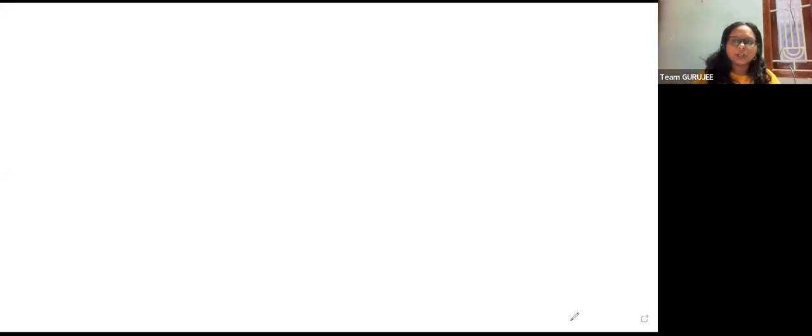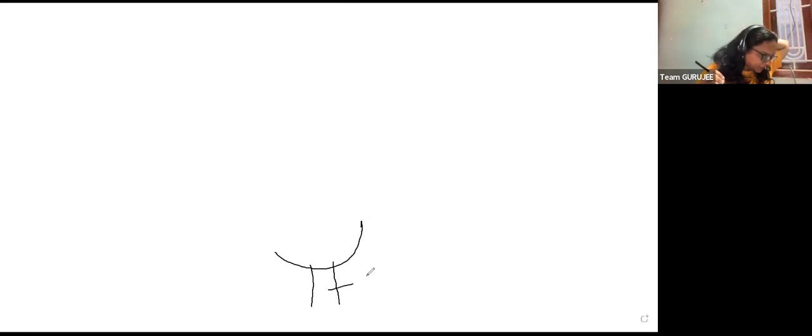At the back you have the spinal cord, which goes up to the brain.